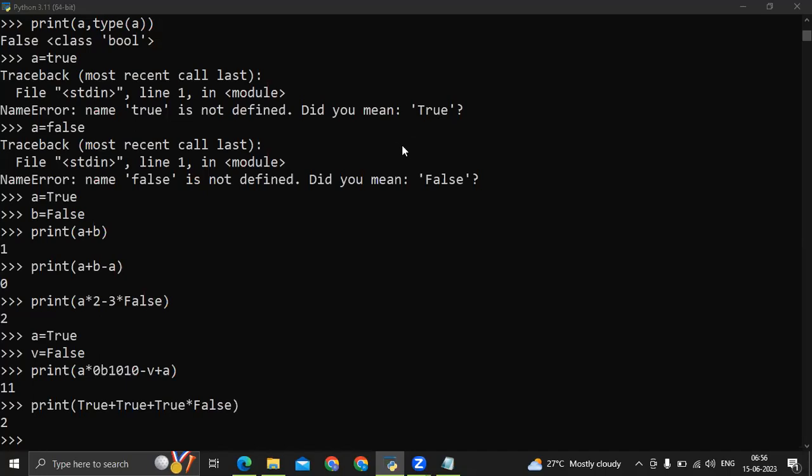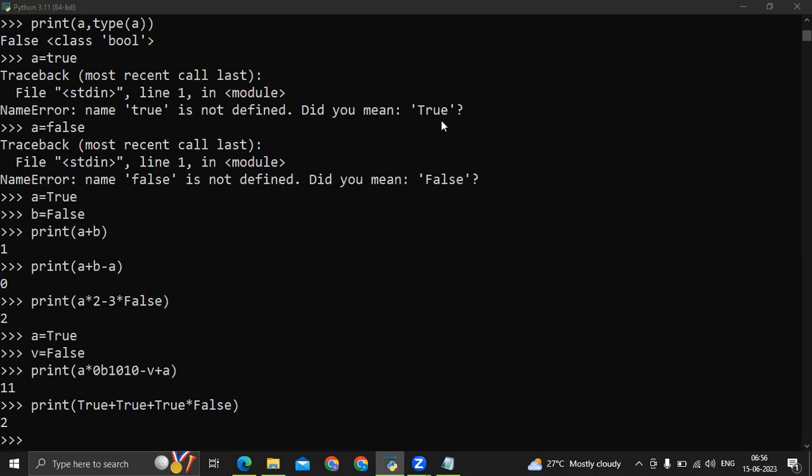Now we'll talk about the complex data type tomorrow. As I've told you, we have the fundamental category of data types, in which we have int, float, bool, and complex.